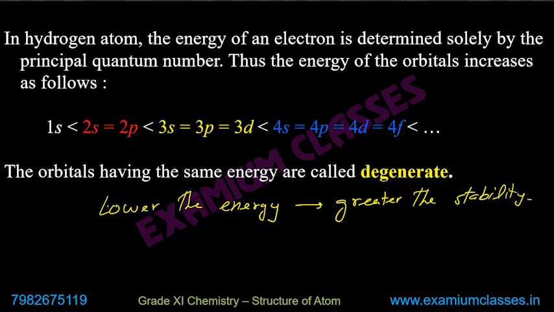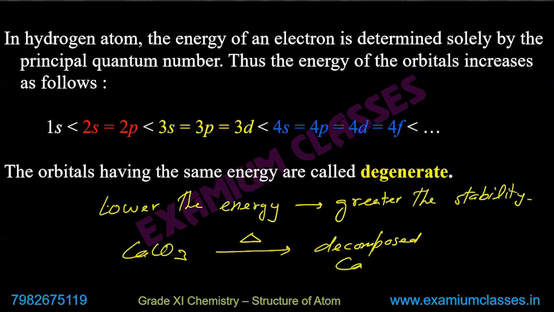Another example from chemistry perspective, for example, you have calcium carbonate. If you heat it, it will get decomposed into calcium oxide and carbon dioxide. It means it didn't remain stable. It got broken with heat. If it would have been stable at higher temperature, then it would not have decomposed.